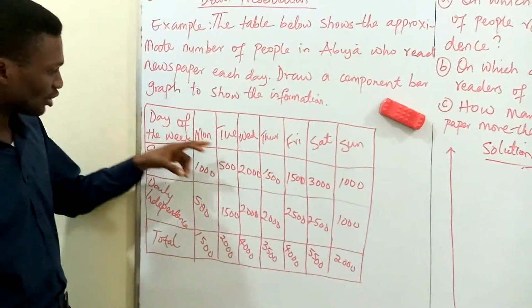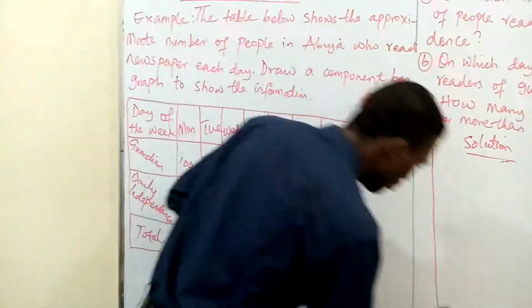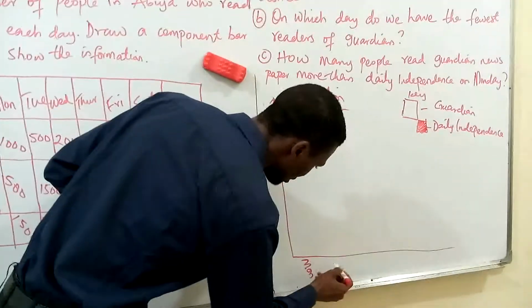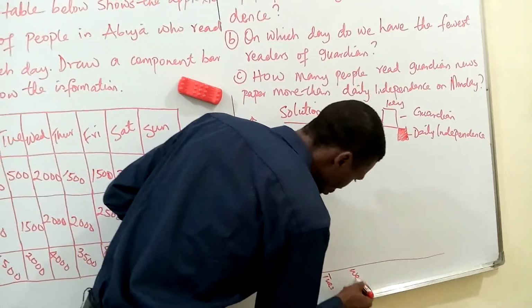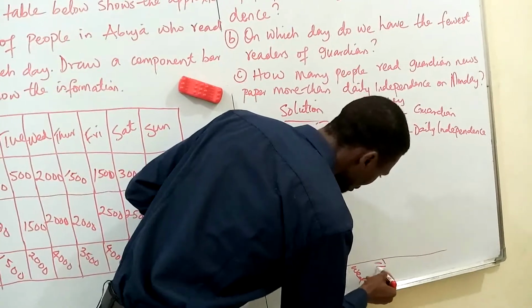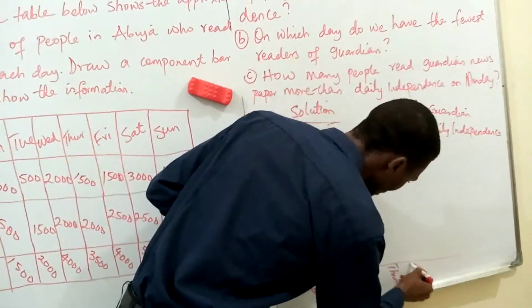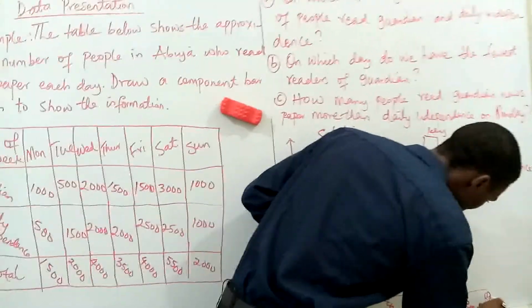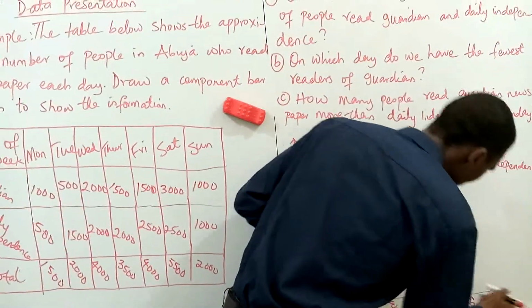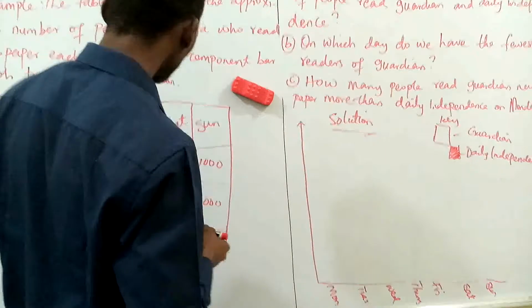We have our days of the week: Monday, Tuesday, Wednesday, Thursday, Friday, Saturday, and Sunday.